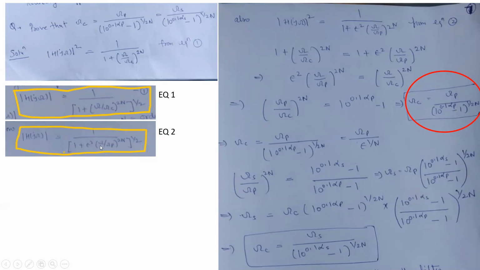When you put omega equal to omega s, the left hand side will be equal to alpha s, that is the stopband attenuation. After this calculation, the expression will be like this. Here you will put the value of epsilon from the previous equation and calculate the value of omega c in terms of omega s and alpha s.